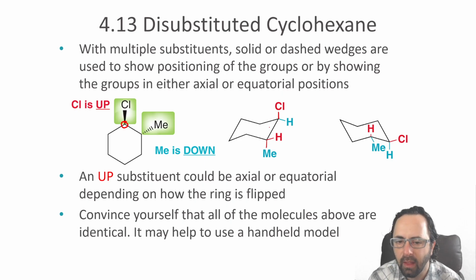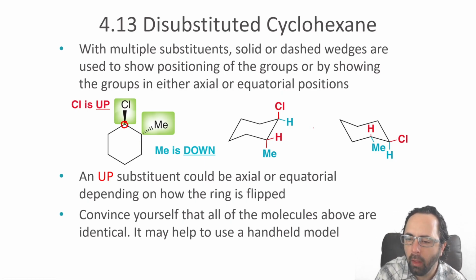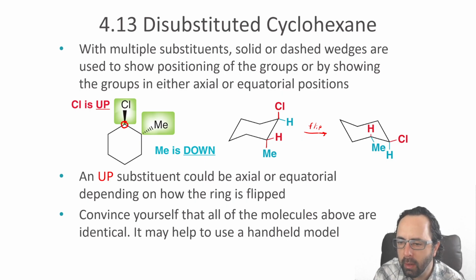And we can see that they are both axial in this case. Now, we can draw this another way in which we flip the ring. So you can flip the ring, and when you flip the ring, what is occurring is that the foot is becoming the head, and the head is becoming the foot. And all of the axial positions turn to equatorial, but they still stay up and down.